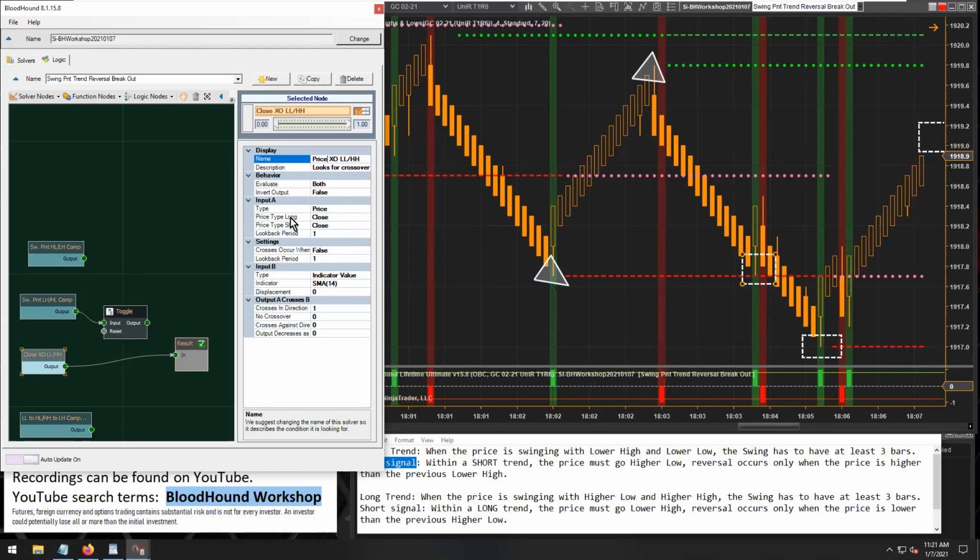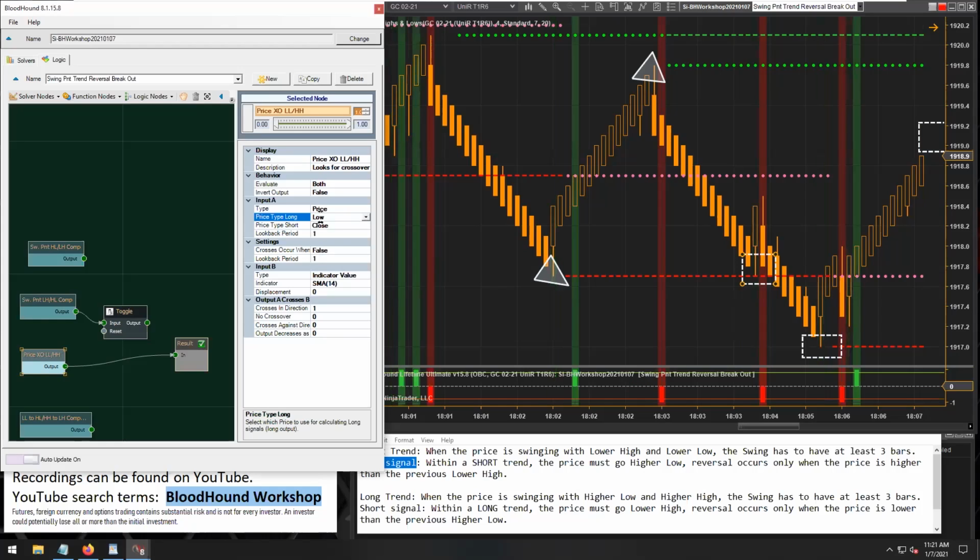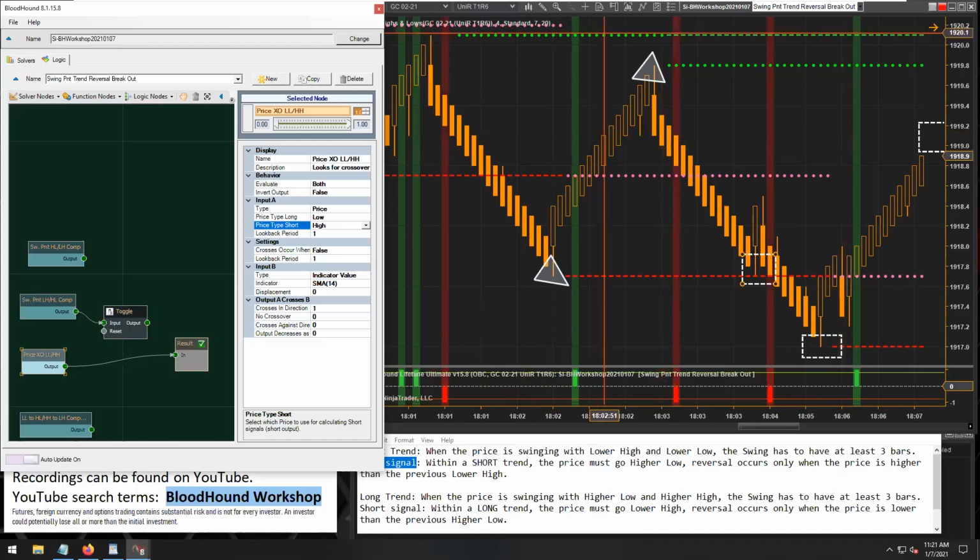But what we're actually looking for is, if the low price, the low of the wick, crosses that swing low, or in the opposite situation, if price is going higher, if the high wick crosses the higher high.